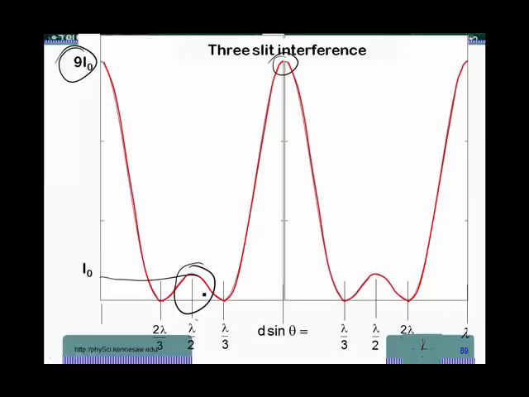Somewhere in between, I'm going to have all 3 of them canceling out. Now the path difference, instead of being half of lambda, has to be 2/3 of lambda for them to add up destructively. When I have 2/3 of lambda path difference, I'm going to have destructive interference.